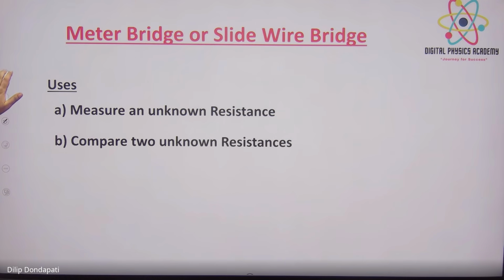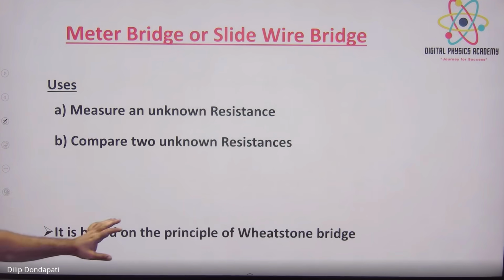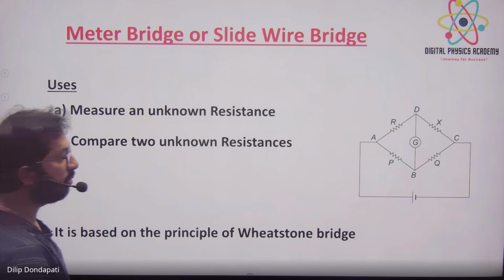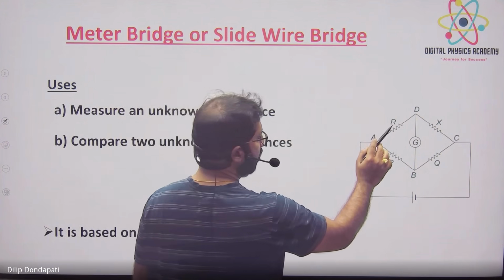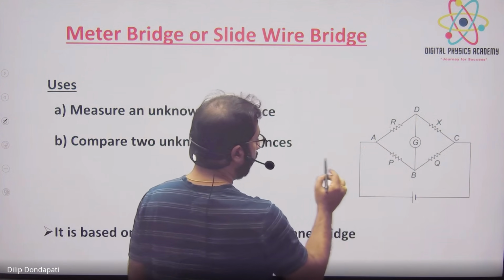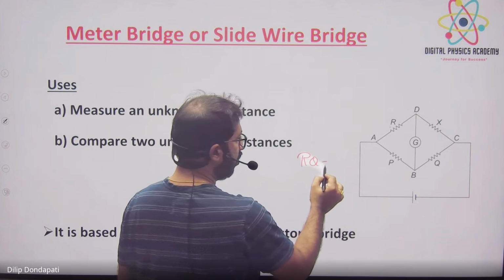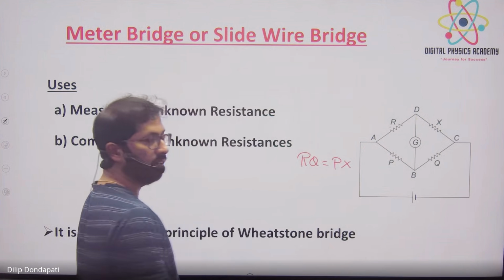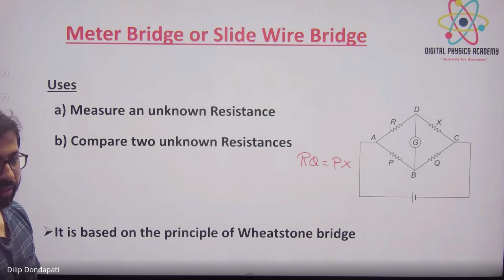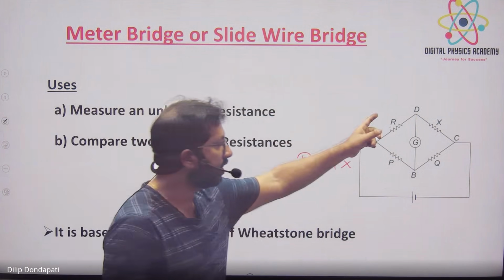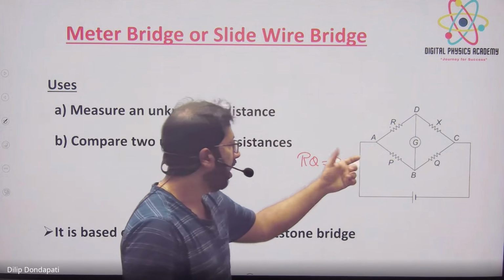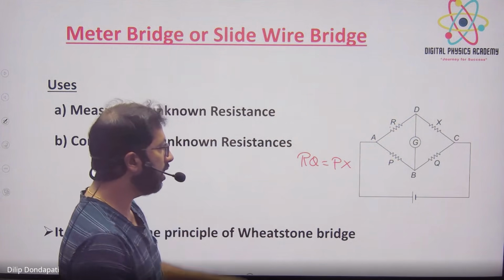What is its principle? It is based on the principle of Wheatstone Bridge. We already know Wheatstone Bridge. How does it look? Kite shape, right? In this, R into Q is equal to P into X, right? It is the same Wheatstone Bridge principle. Whenever multiplication of opposite resistances gives both values same, then what happens?